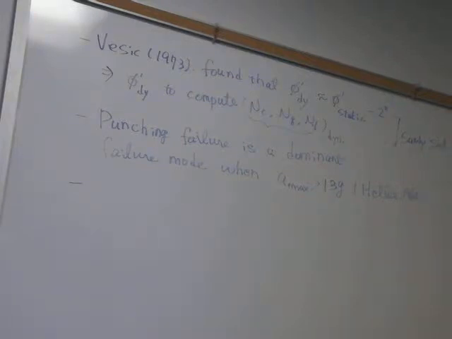Most places, dynamic N gamma is actually higher. In some cases, dynamic N gamma is lower. As a designer, we have to be conservative, right? So that's the reason I guess that to be conservative, we just subtract 2 degrees.